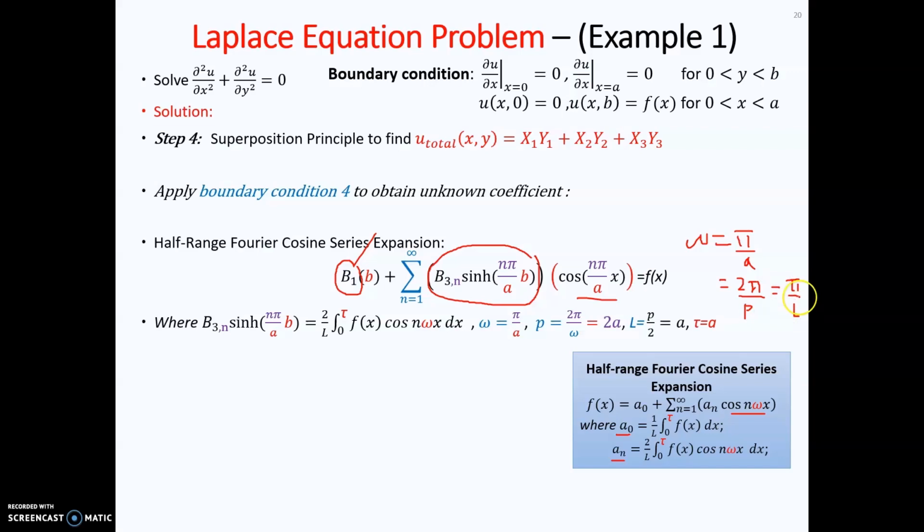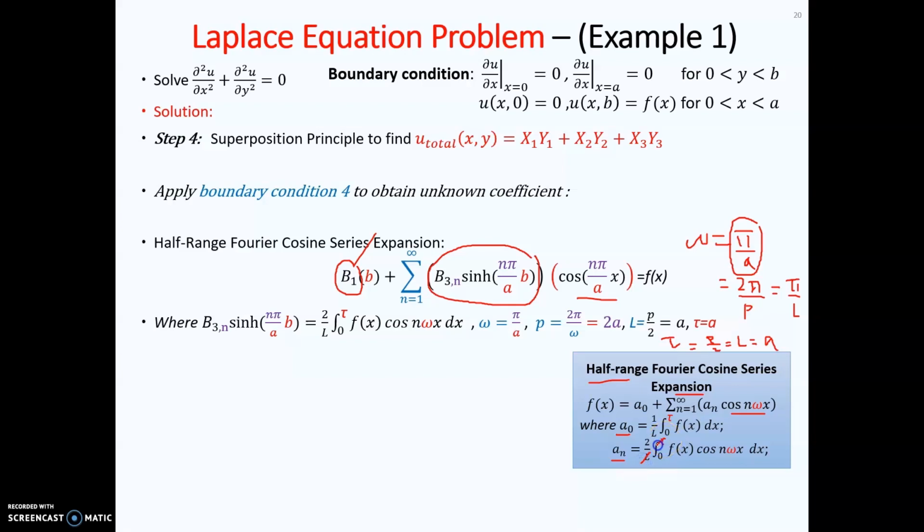So in this case, when you compare it with the first equation here, your half period L will be equal to a. And you know that L is equal to P divided by 2. And for the half range expansion, P divided by 2 is equal to the tau. So you obtain the tau and L equal to a.